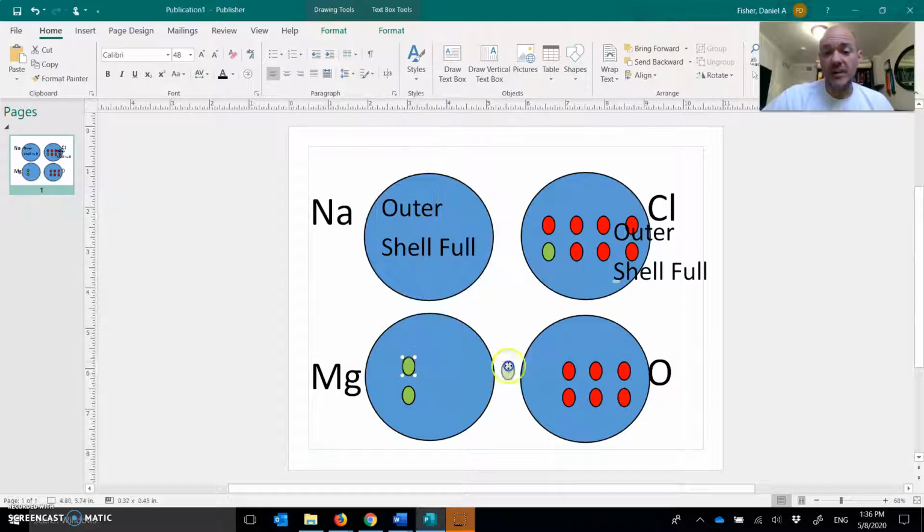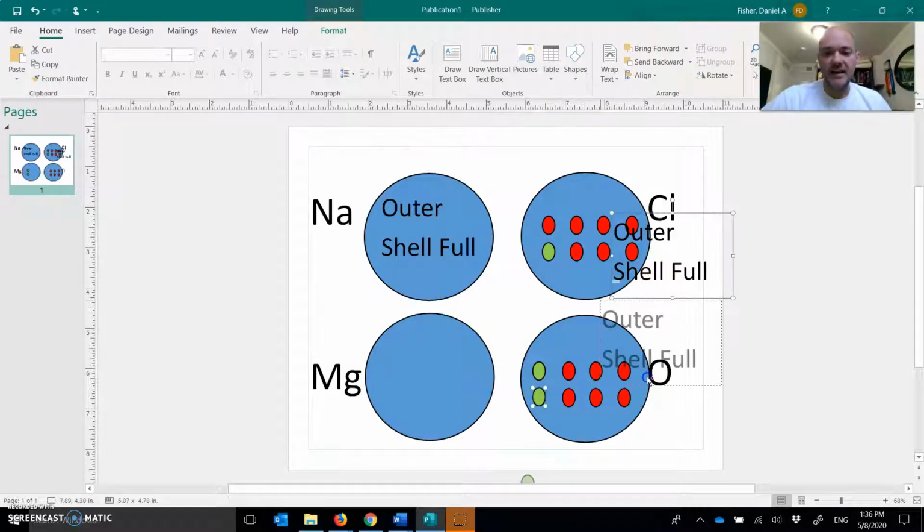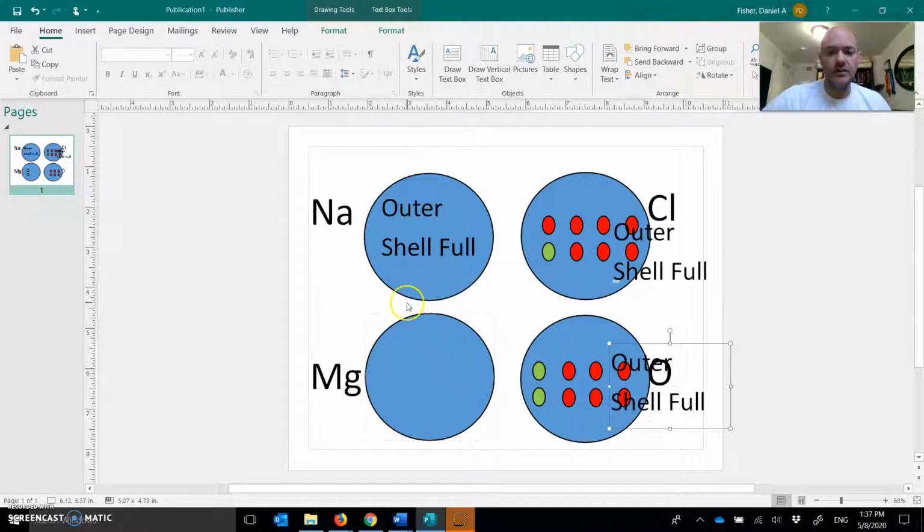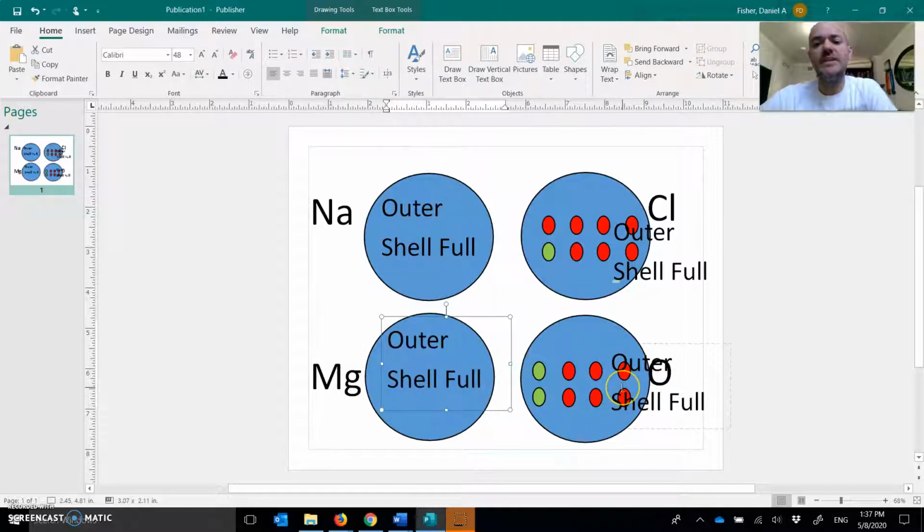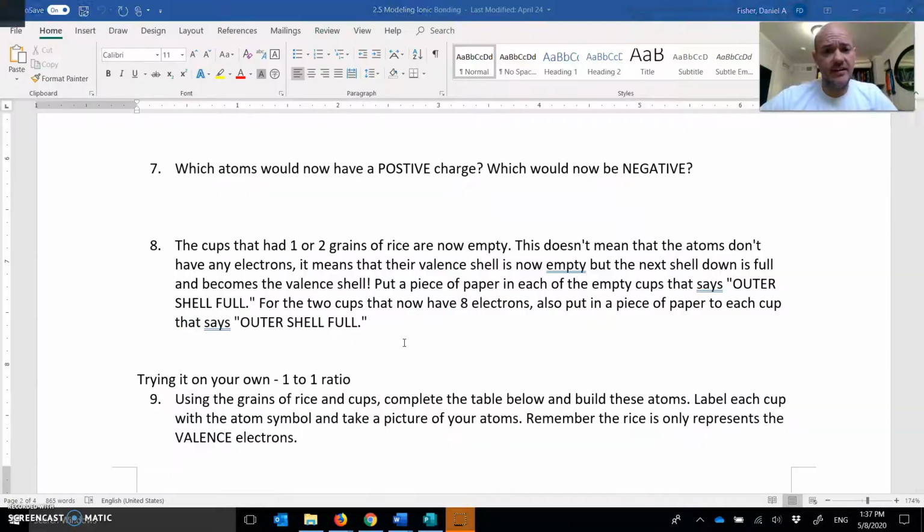Magnesium, what's super likely to happen is that one will move over here, this one will move over here, and now I've got outer shell full, outer shell full. So all of these have full outer shells now, either because they have 8 electrons in what was their valence level before, or if they are sodium or magnesium, their valence level disappeared and underneath it is a full level. All right? So that's what we're looking at there.